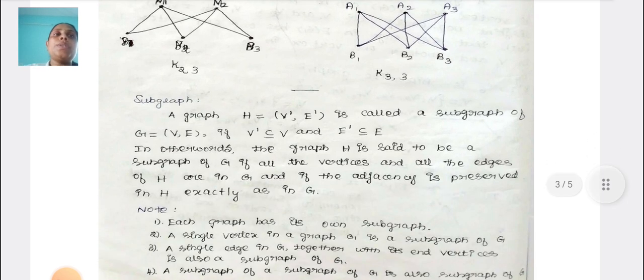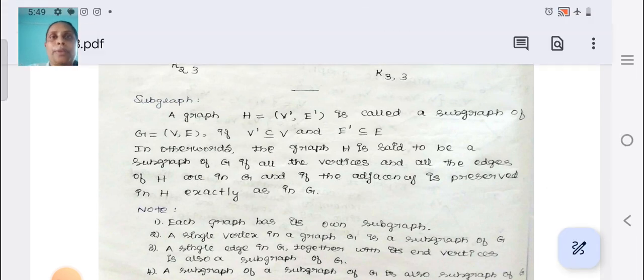Next we are going to see about the subgraph. A graph H with vertex set V dash and edge set E dash is called a subgraph of G. Here the graph is nothing but the combination of vertices and edges.